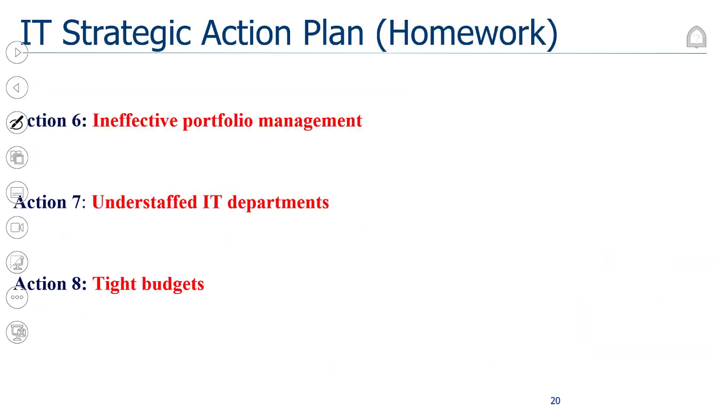And to finish off, I put in something for you to do to carry on with that. I left those other ones, ineffective portfolio management and understaffed departments. Let me see what you would do for those ones. So for example, for ineffective portfolio management, what could be the action?